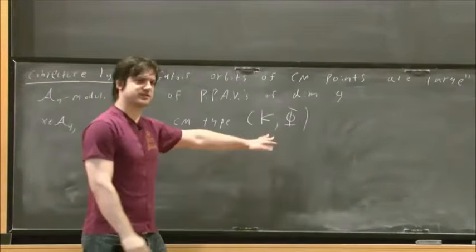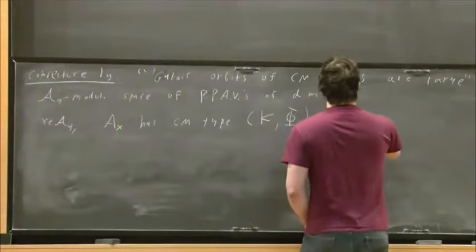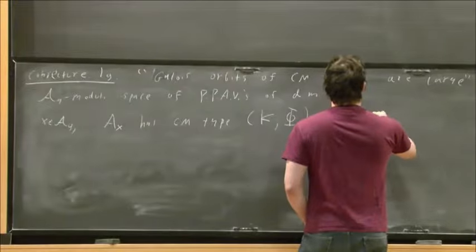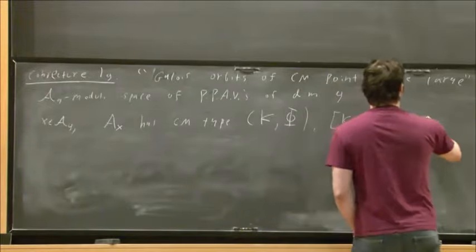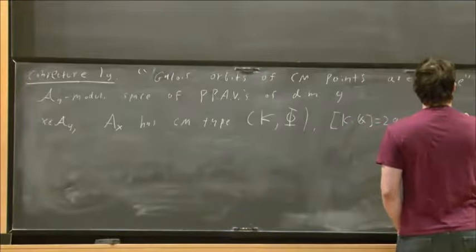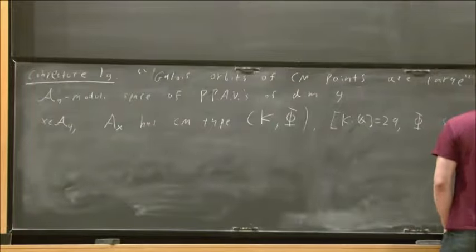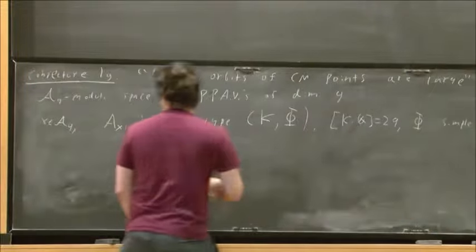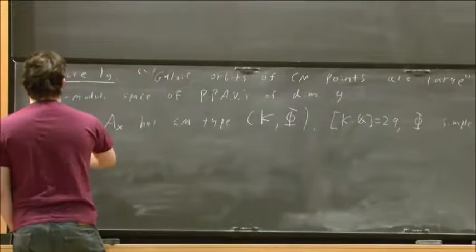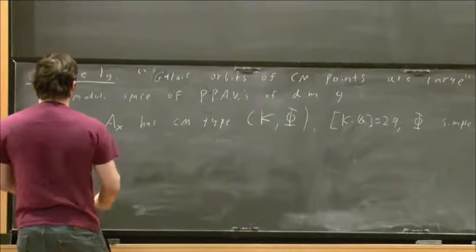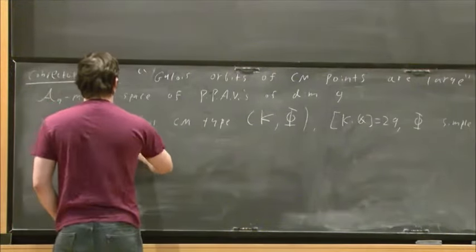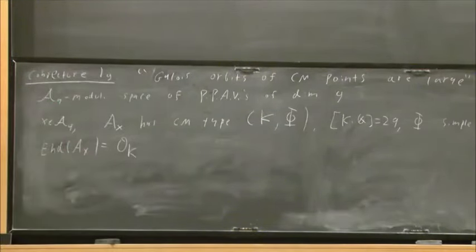I'm only going to state the simplest case, which is that the degree of K over Q is 2g, phi is a simple CM type, and in fact the endomorphism ring of this is the full ring of integers of K. It's the basic case that one looks at.